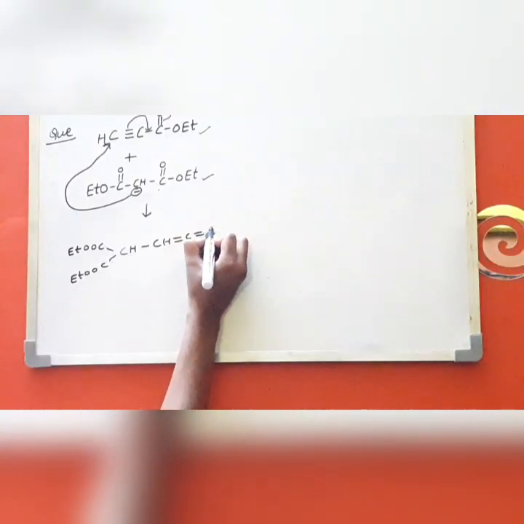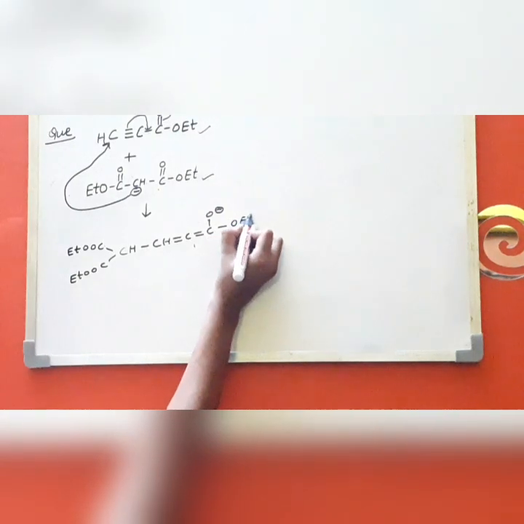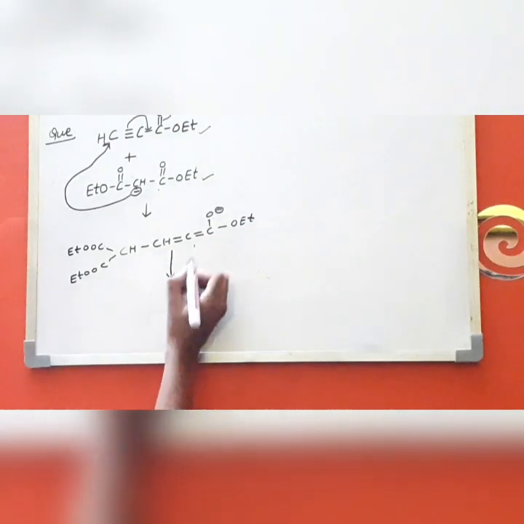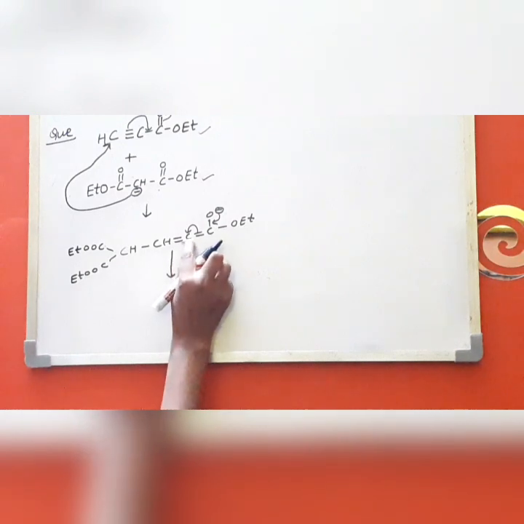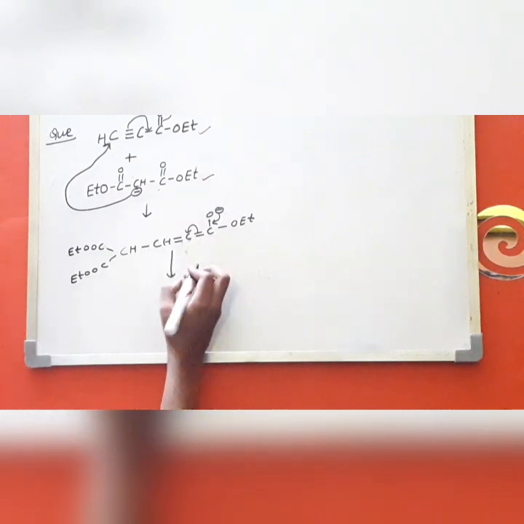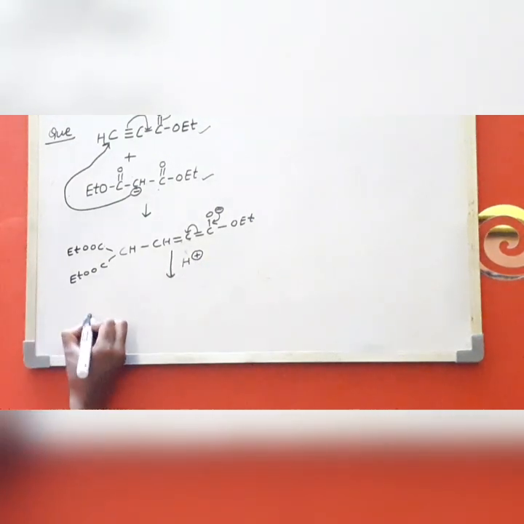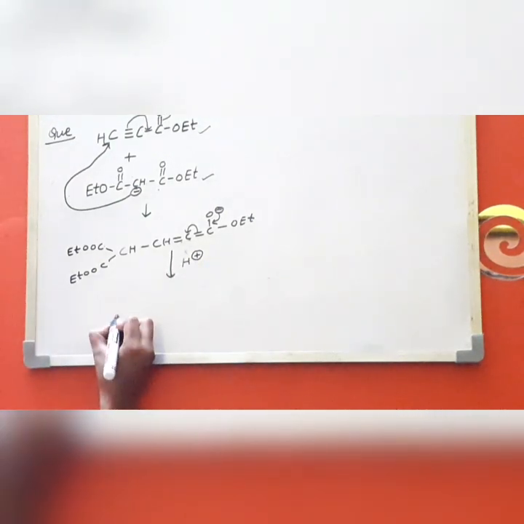Double bond, C, O negative. As we know that it is resonance stabilized, further the negative charge will come here. So this negative charge will take the hydrogen and form the Michael product.